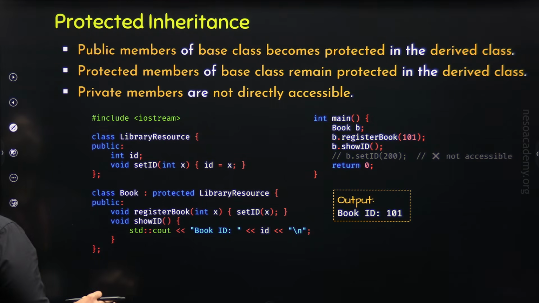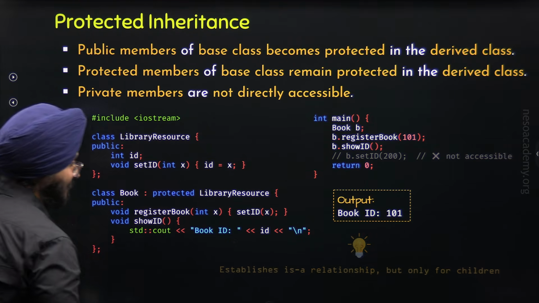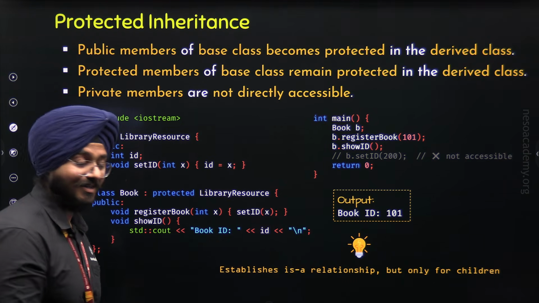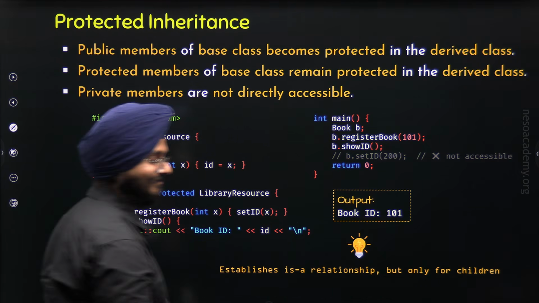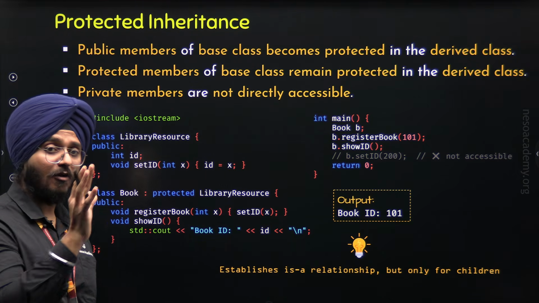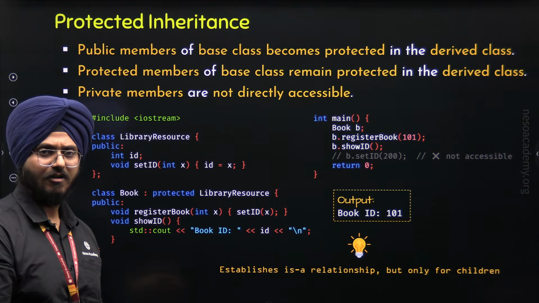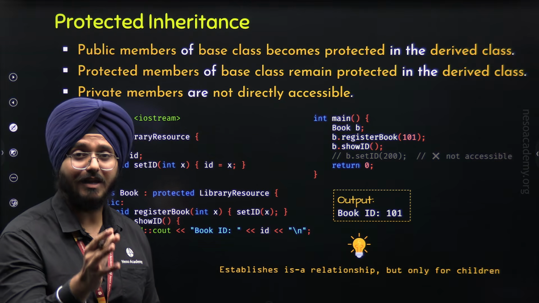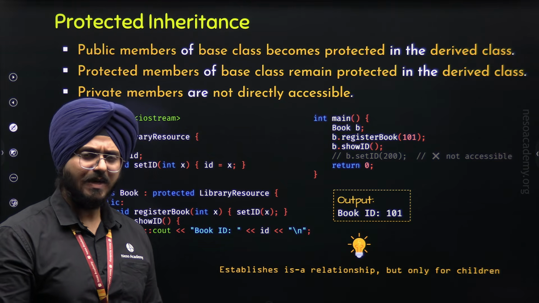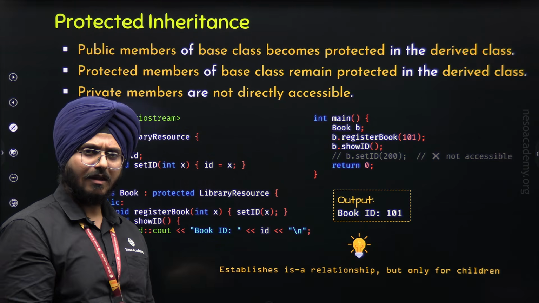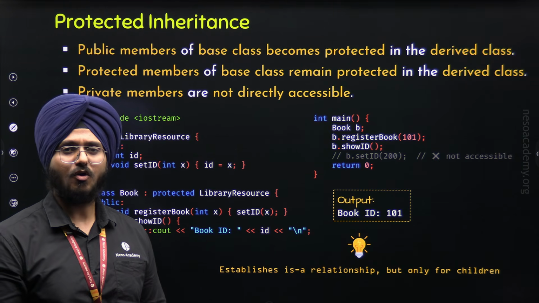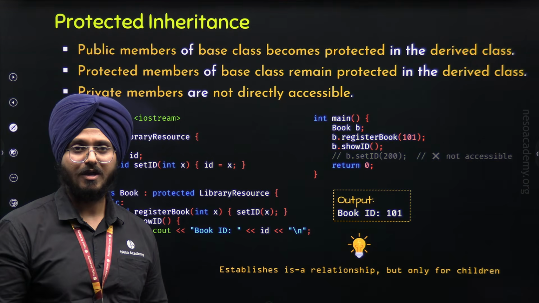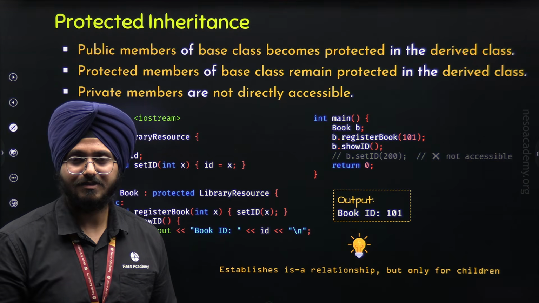Now, I want to mention that protected inheritance establishes the is-a relationship, but only for children. So it is different from public inheritance. We know in case of public inheritance also, we establish the is-a relationship. This means public members of the base class are treated as public members of the derived class, and therefore it is possible to call those members through the object of the derived class.